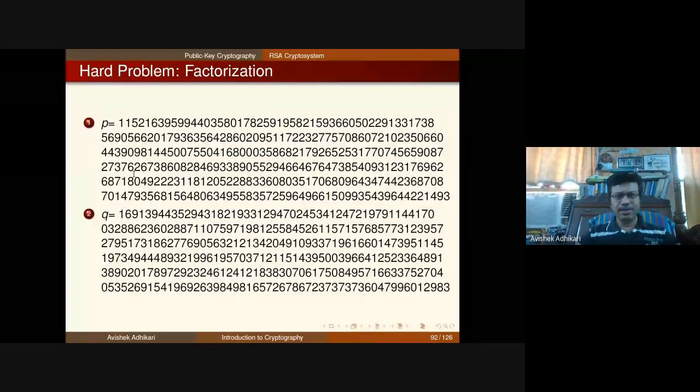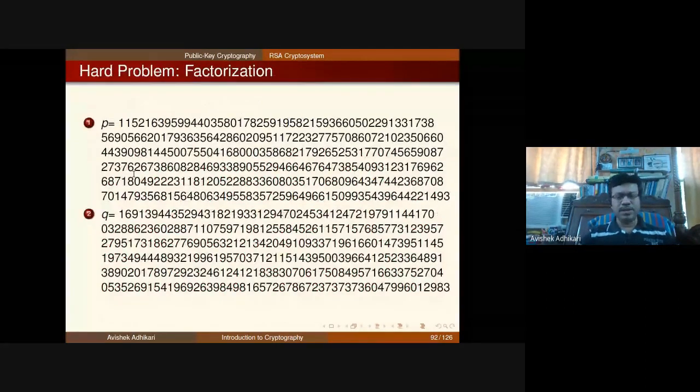Mind that I am talking about finding the primes using computers, that means hardware. Till now, there is no efficient algorithm known using hardware or computers to get the primes from n very quickly.